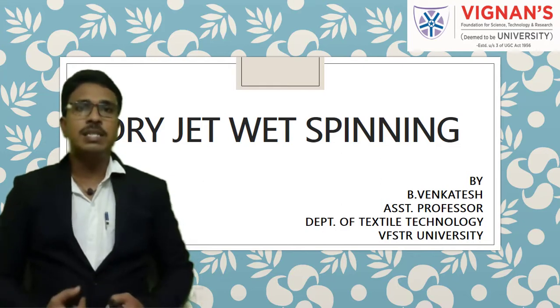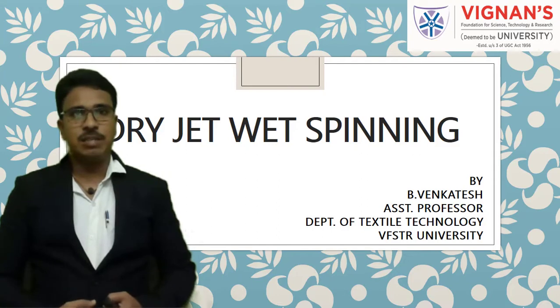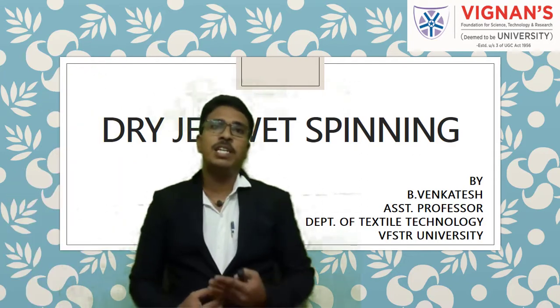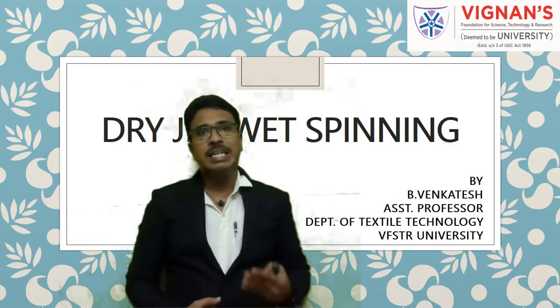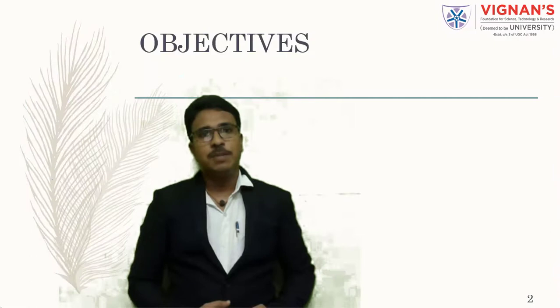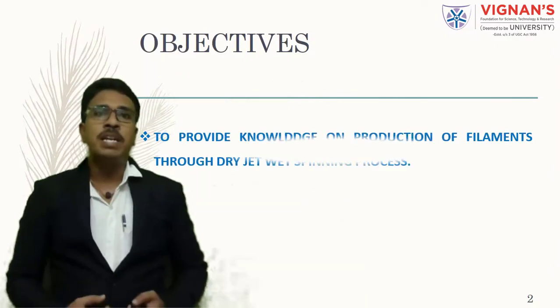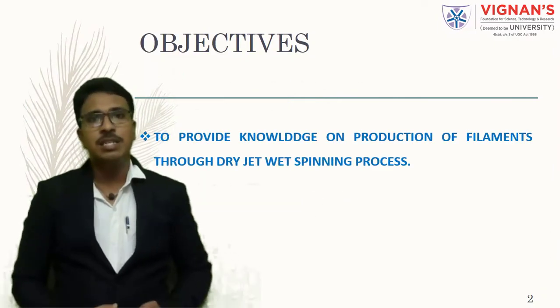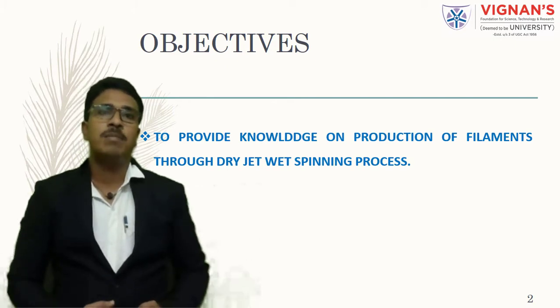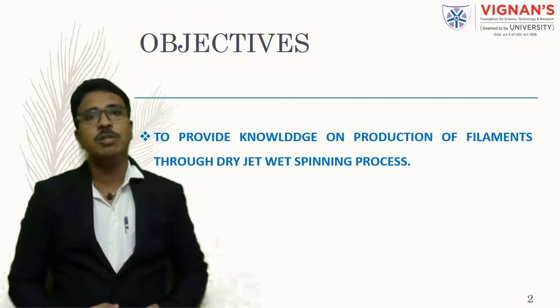Okay, so in today's class we are going to discuss another classification, which is a combination of both dry spinning and wet spinning, which is nothing but the dry jet wet spinning process. The main objective of today's session is to provide knowledge on the production of filaments through the dry jet wet spinning process.